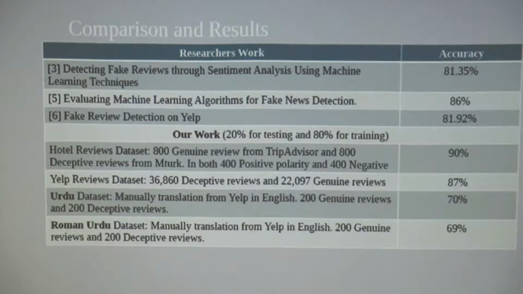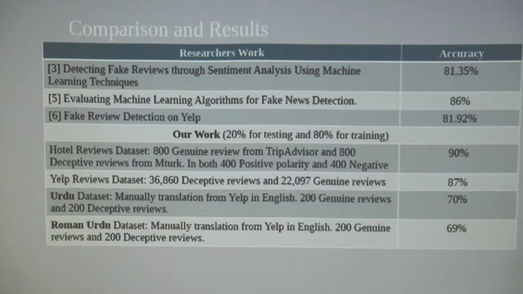From the case of the hotel reviews data set, we have 100 genuine reviews from TripAdvisor, and half are positive and half negative. For the Urdu and Roman Urdu reviews, we use the hotel reviews data set, with deceptive reviews and genuine reviews, and we balance the genuine with the deceptive reviews.